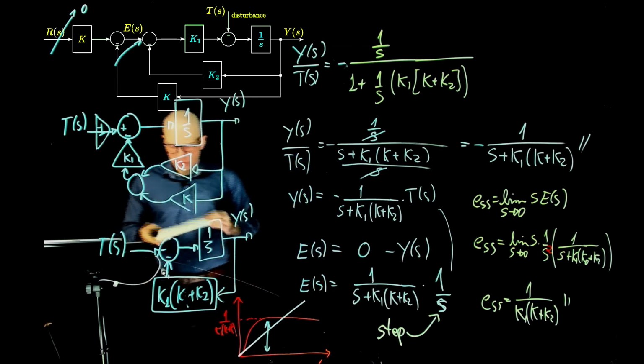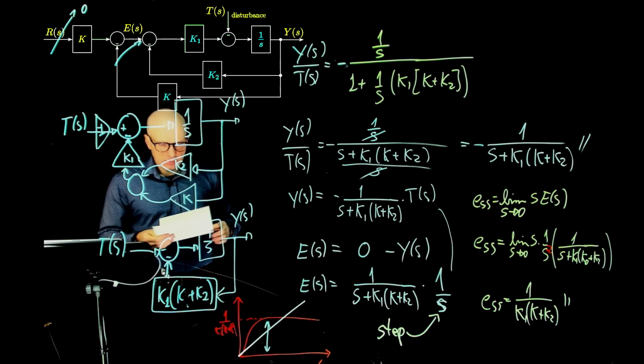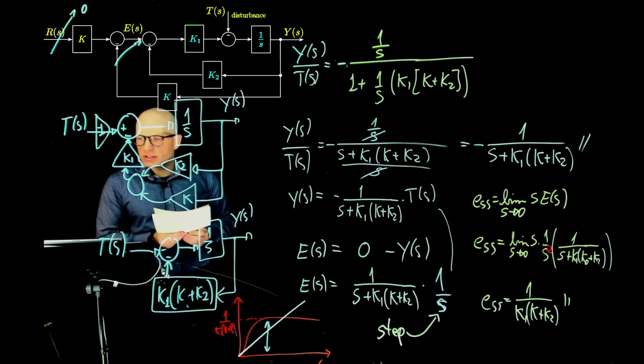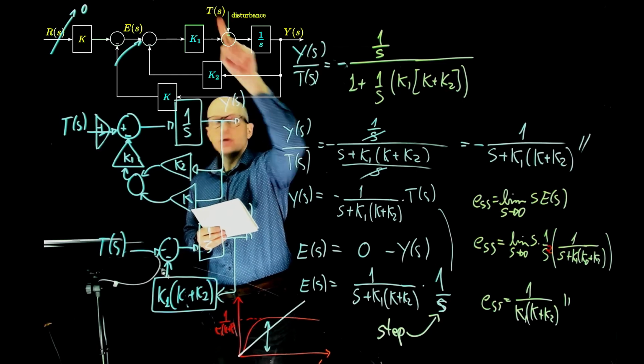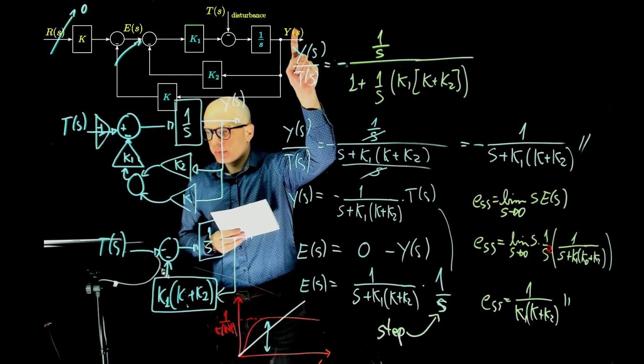Excuse me, Professor. So if the error became infinity, is this favorable or unfavorable? Sorry, I didn't understand the last part. Is this expected or not expected? Yeah, it's perfectly expected, right? Because if you put a ramp here, you shall see a ramp there.